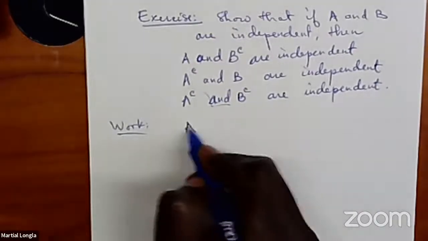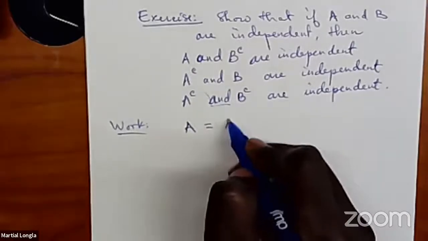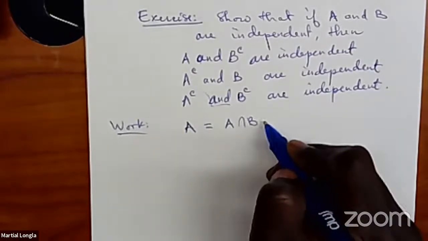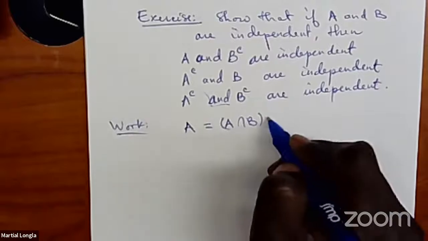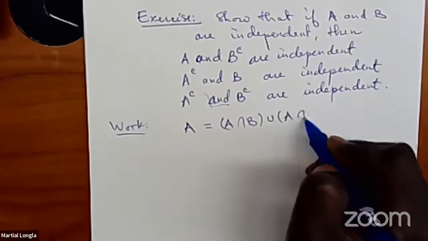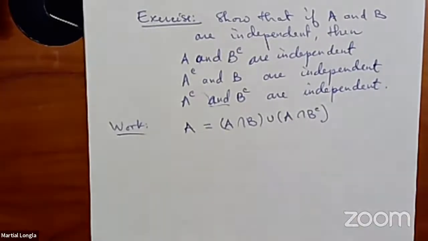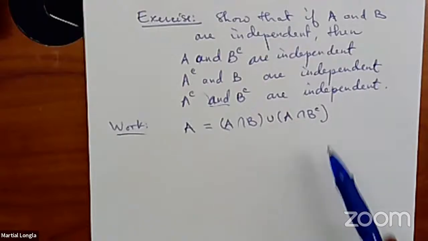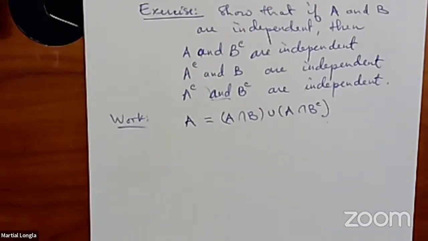So what can we say? We can say that A is A intersection with B union A intersection with B complement. Do you agree with this? Do you agree that this is true? Yes, right?